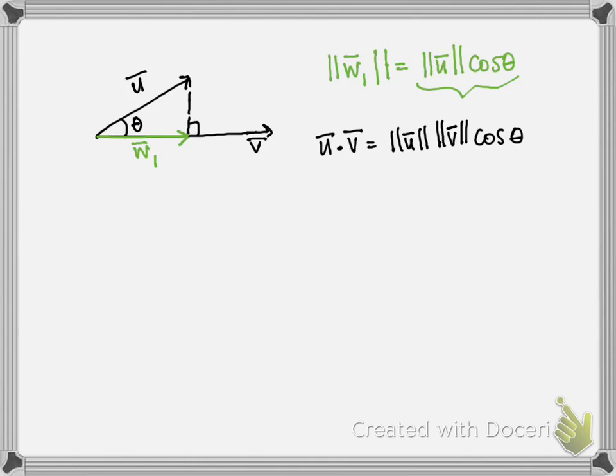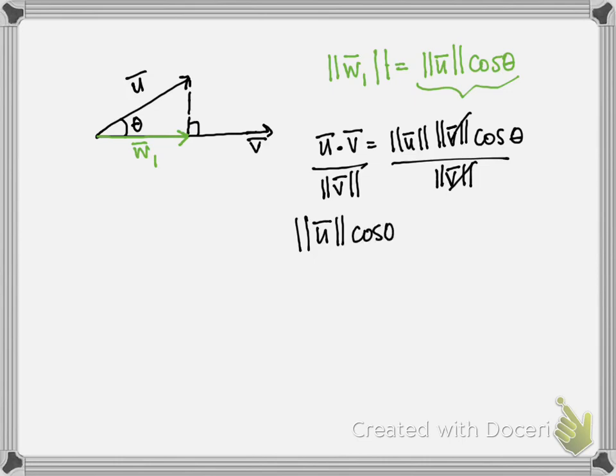Okay, so norm u cosine theta, just dividing by norm v, is just u dot v over norm v. Okay, so that will be useful in a second.